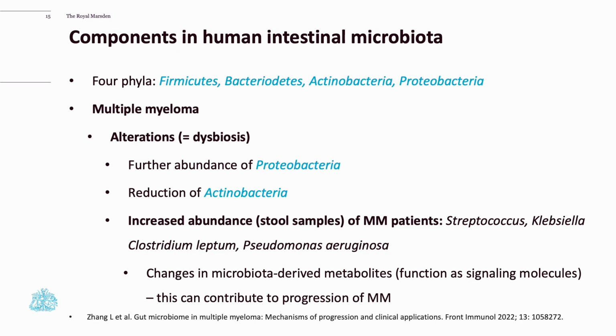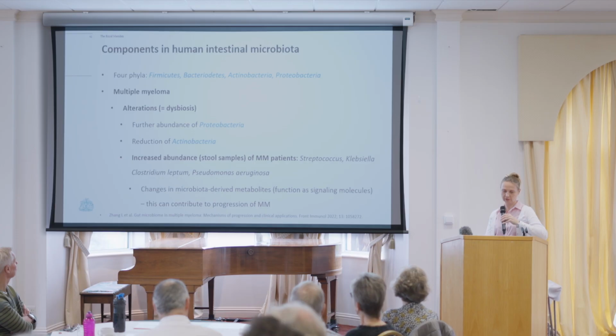Not only some of them are abundant, but there are also some species out of these phyla very abundant. If we observe abundance, for example, of Klebsiella, then we can see that not only are these species rich in our guts, but they also produce metabolites which are not safe and which can contribute to the development and progression of multiple myeloma.